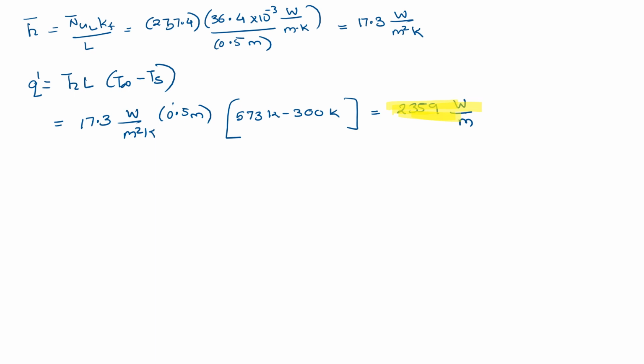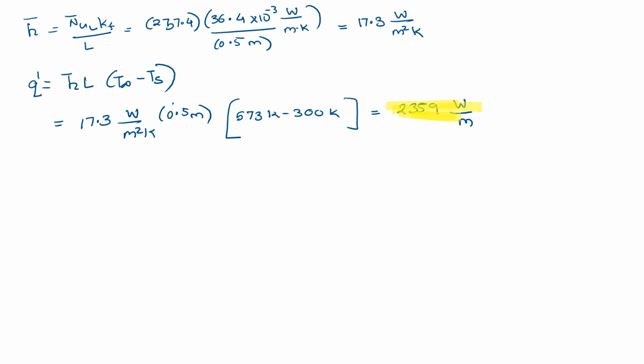So this is how you approach a simple problem where you have a flat plate. Make sure you understand the steps that we followed in this problem. These steps will be applicable for any problem that you solve in this chapter. We identified the geometry, then calculated the film temperature, looked at the properties at the film temperature, and found the Reynolds number and what type of flow it was.